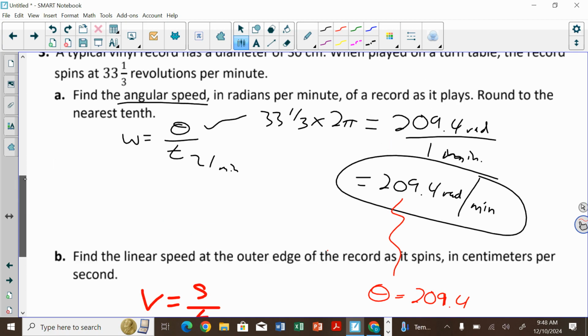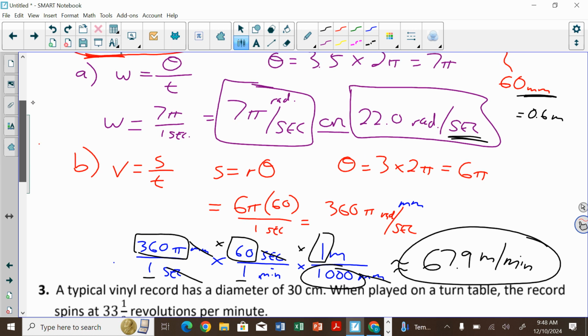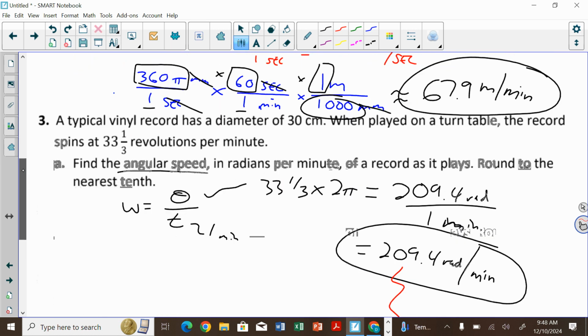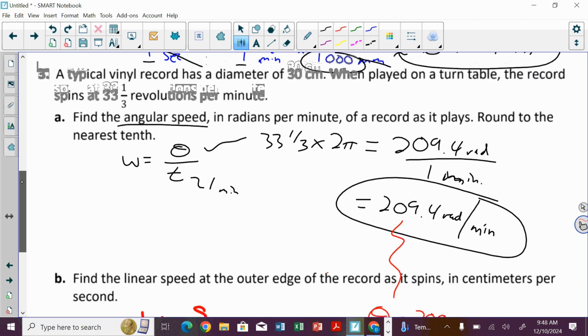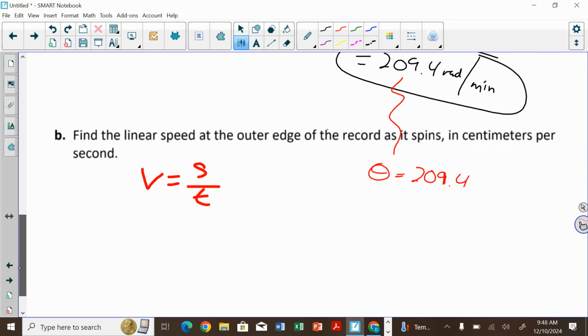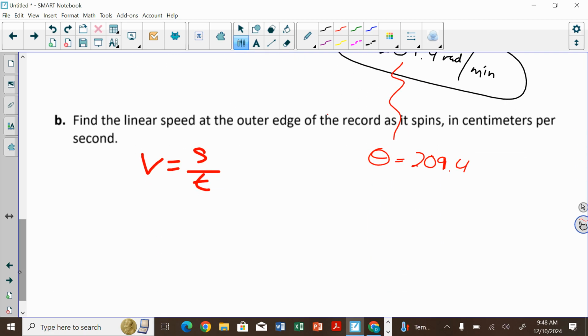In the problem up here, the speed slowed down, right? But here it doesn't. Now we've got a radius to deal with, right? We said it has a diameter of 30 centimeters. So that means R equals 15 centimeters.